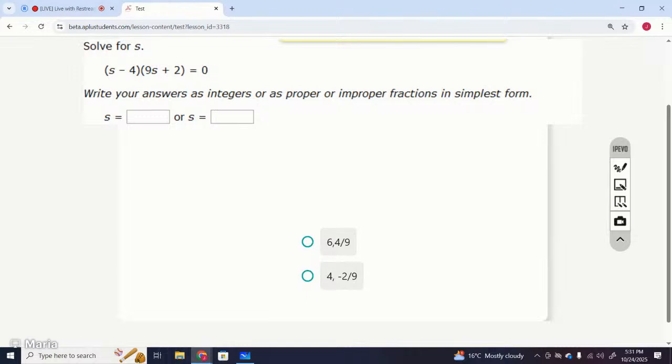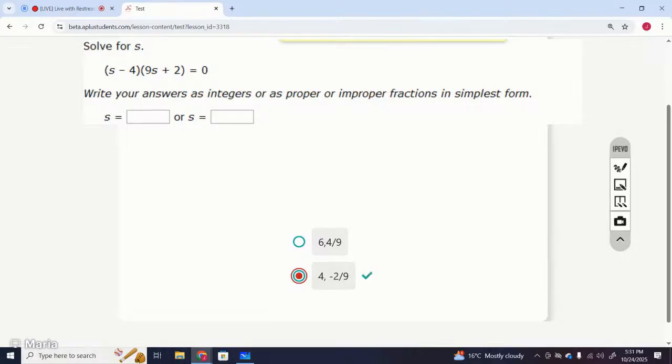s minus 4, 9s plus 2. 4 and negative 2 by 9.